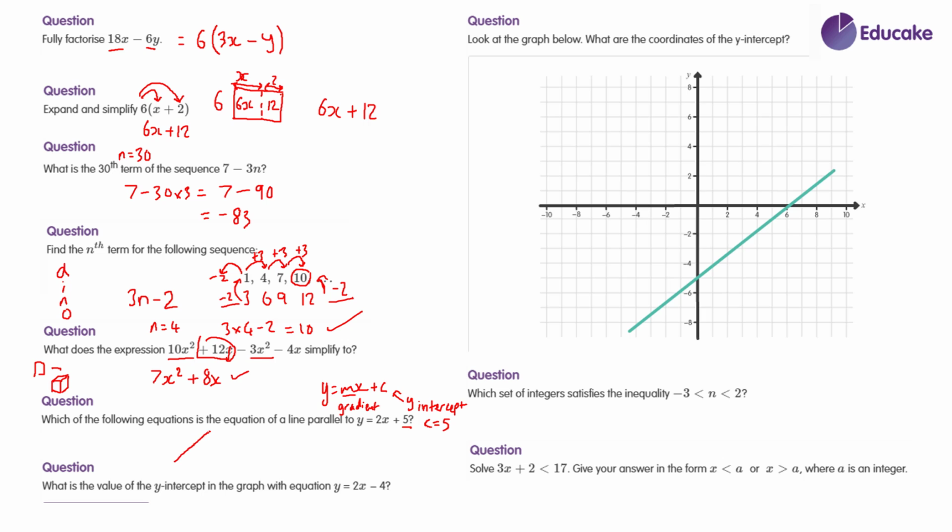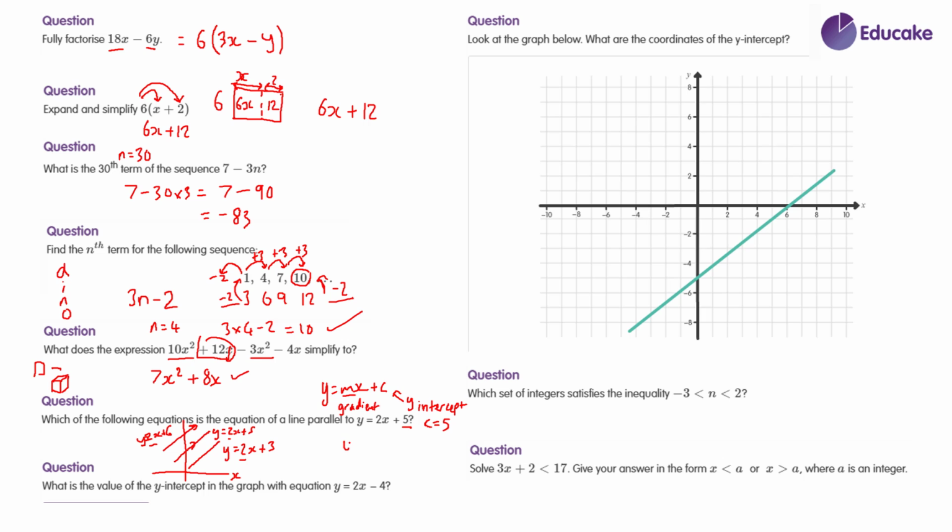So imagine if the gradient is 2 like this, and that was a line y equals 2x plus 5. This would probably be y equals 2x plus 3, and the line 2x plus 6 maybe, this one. Hopefully. So what you can see is parallel lines have to have the same gradient.